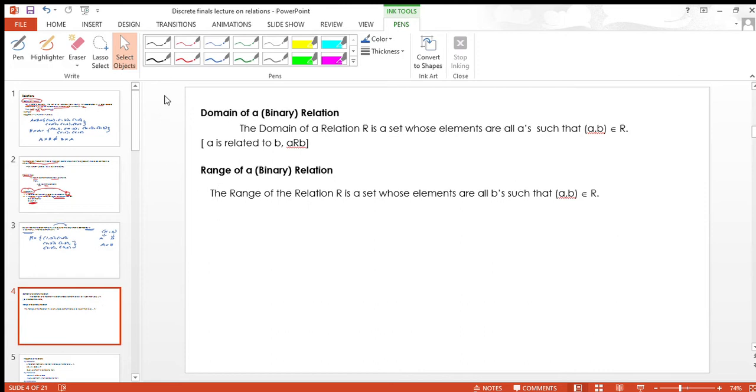So if you look at the binary relation, we're just considering two sets. So if you are considering your relation R from the ordered pair A, B, then if you take all the first elements, that will be your domain. If you now consider your second elements, that will be your range.